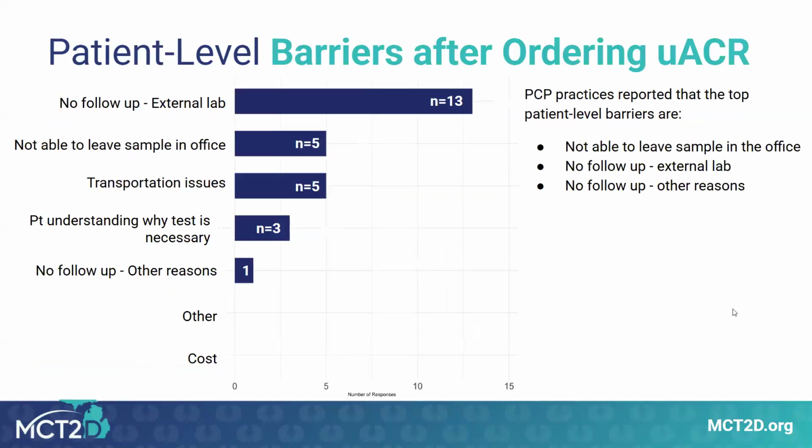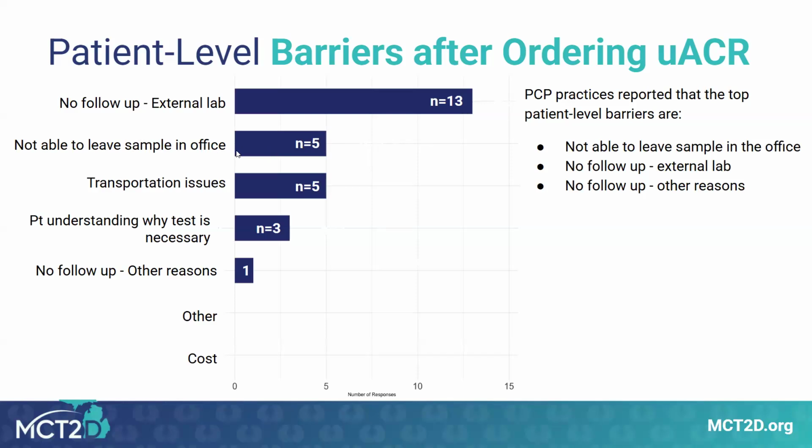In terms of patient-level barriers from our practices, the lack of follow-up from an external lab was the leading issue, the reliance on the external lab and not getting the results, or not getting the correct results.